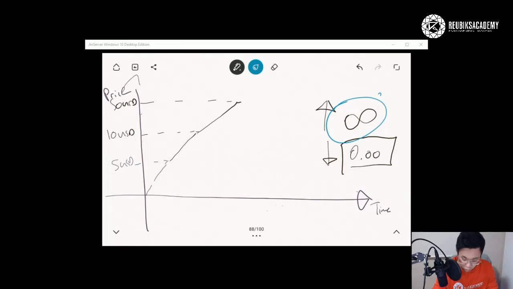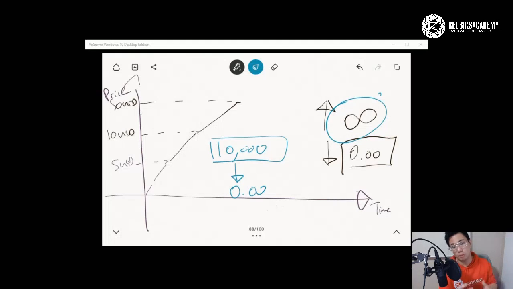But if you go long, if you just buy the shares and keep them, whatever money you have put into the shares, let's say you put $10,000, you know that the worst outcome will be just 0. So 10,000 is the maximum loss that you will incur. And that is why short selling is extremely dangerous.